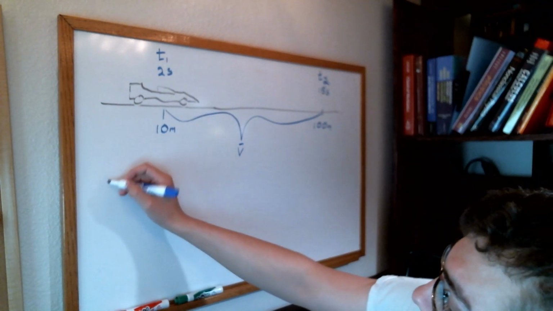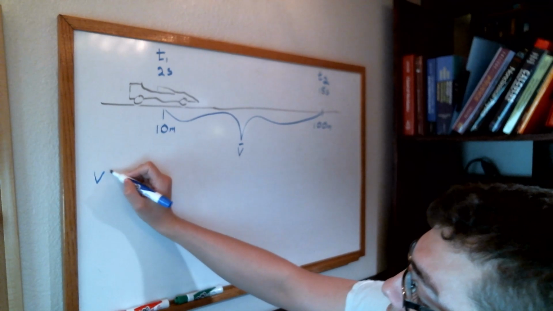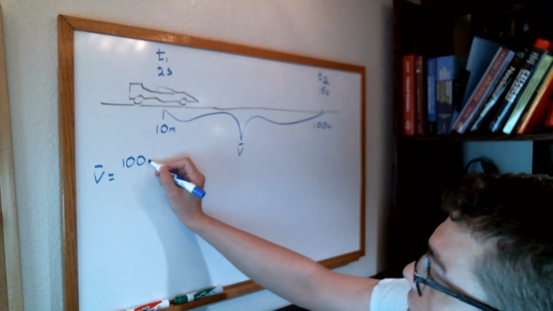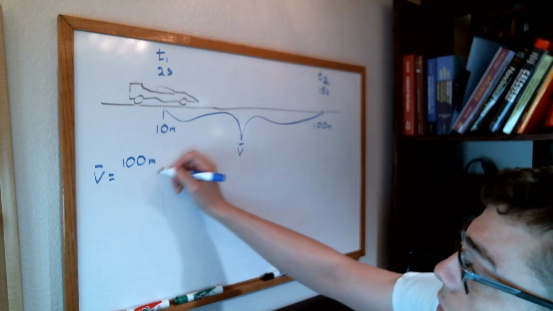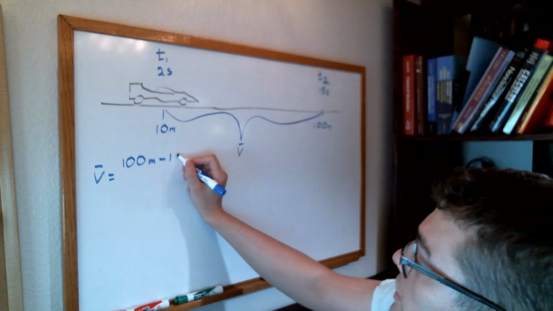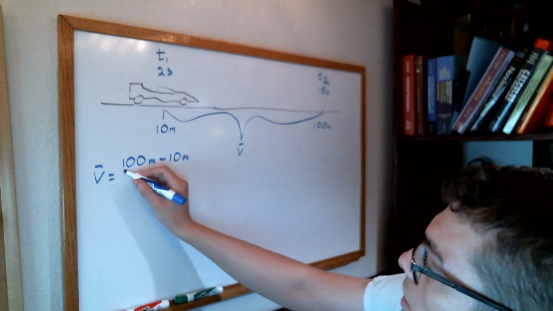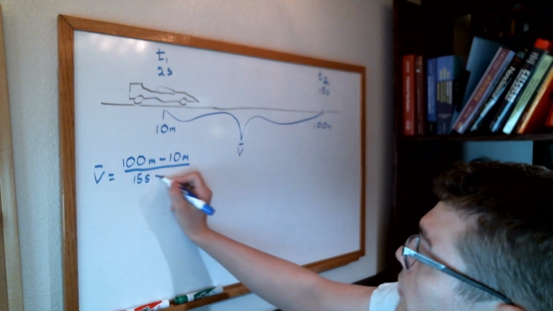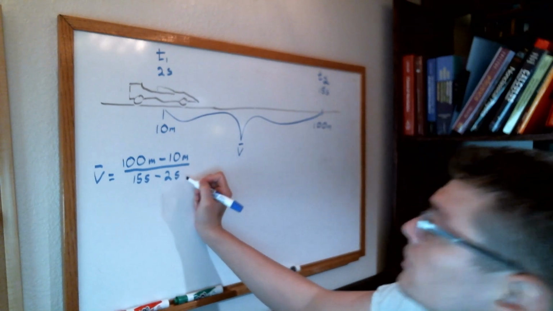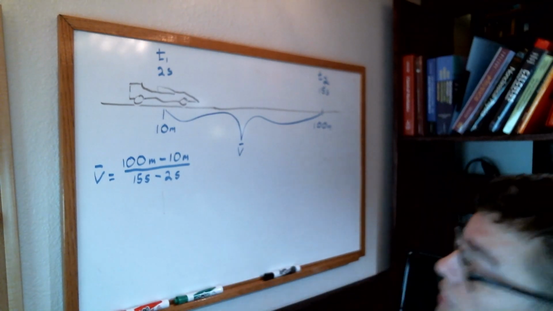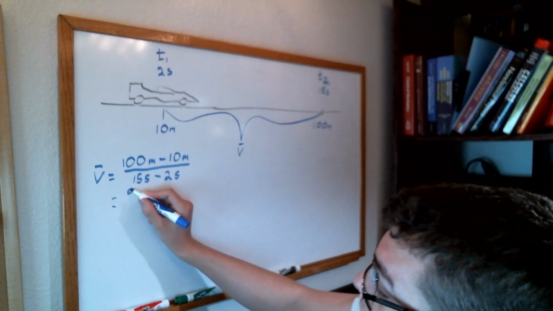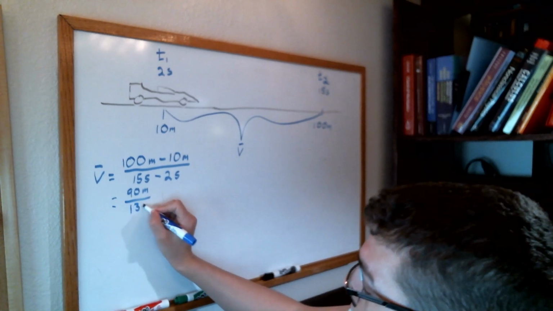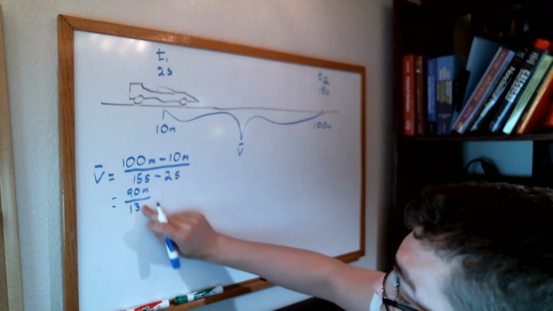So what we can do is we'll take our formula for v, and all we have to do here is plug and chug. But I want you guys to see what it would look like numerically. So we have 100 meters minus 10 meters, and we're going to put this all over 15 seconds minus 2 seconds. And so then with some quick maths here, we can do the subtraction on the top and get 90 meters over 13 seconds on the bottom.